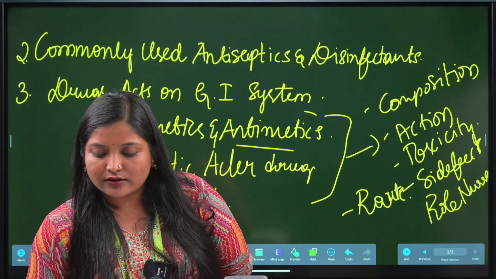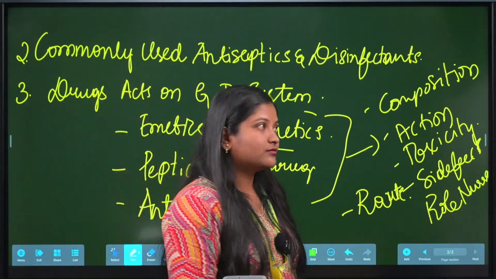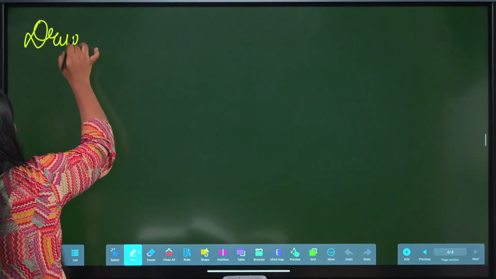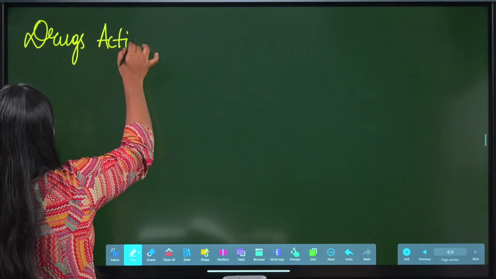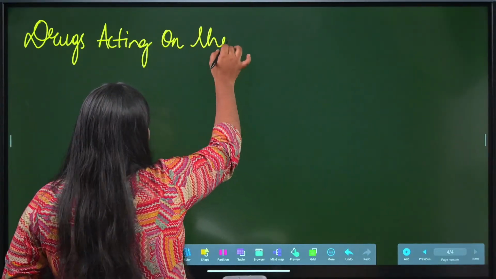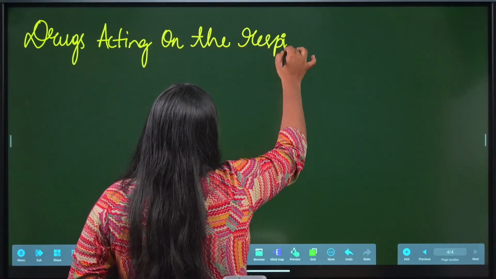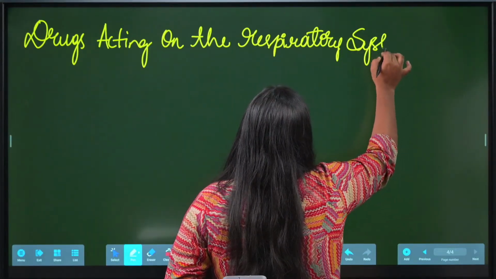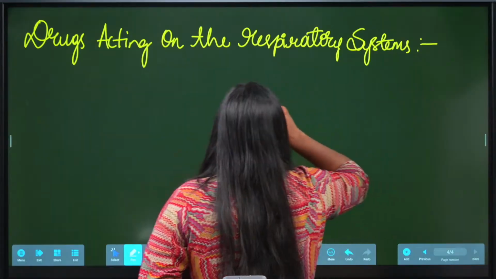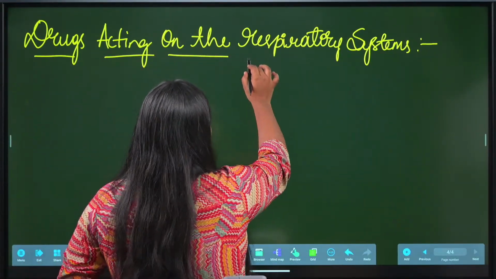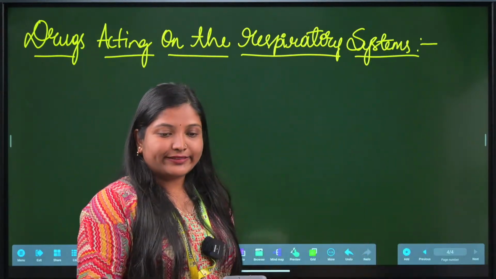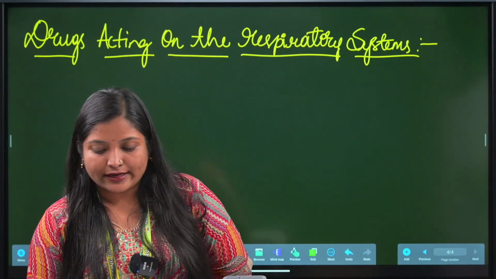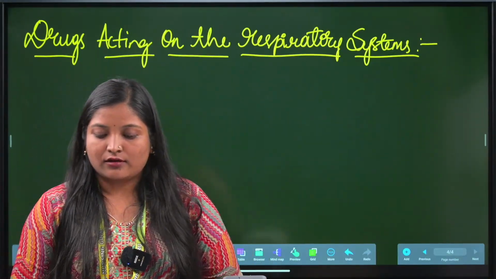Next, fourth unit, drugs acting on the respiratory system. Okay, in this particular unit we can see asthmatics, bronchodilators, for example salbutamol inhalers.